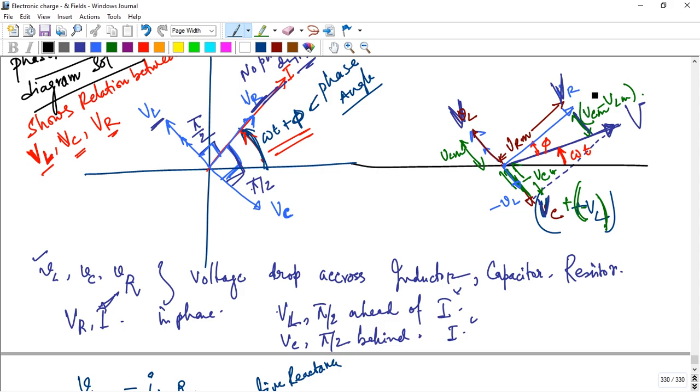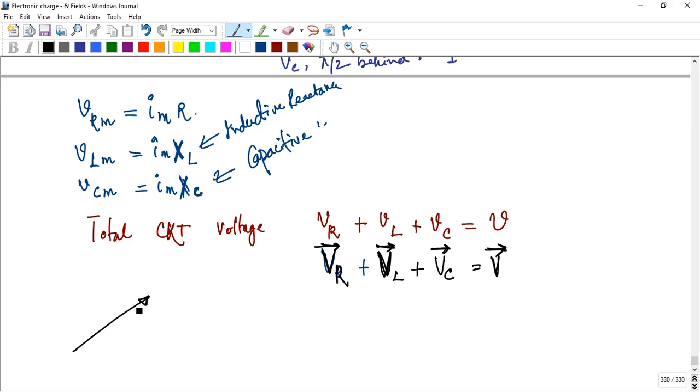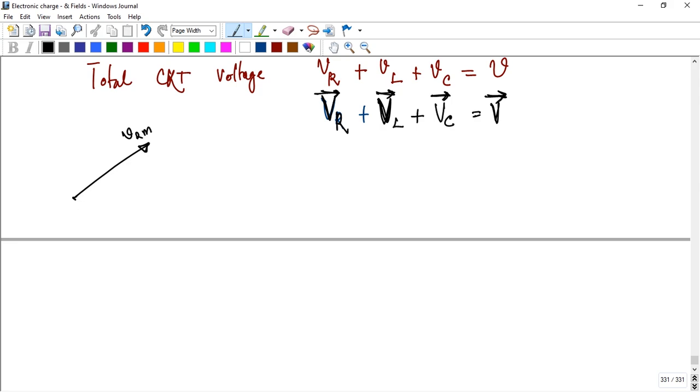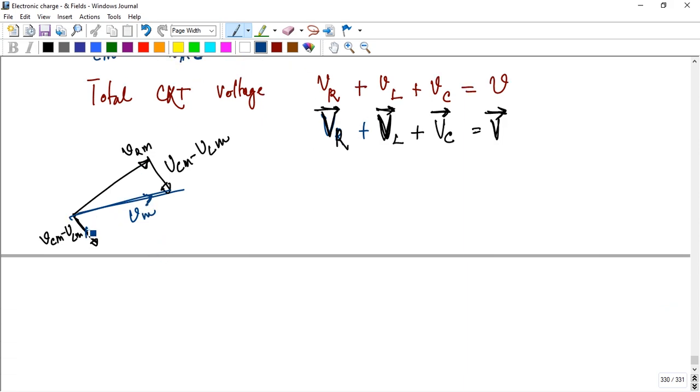Now see this triangle, suppose ABC. This side is VRM, and this side is VCM minus VLM, and this line here is also VCM minus VLM. The final is equal to VM. These two lines are parallel, and this is triangle ABC, with points A, B, and C. This triangle has a right angle, and there is a phi here.